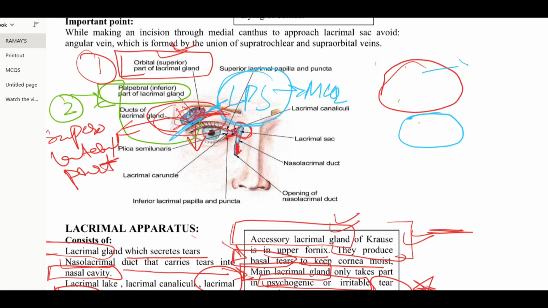This is the orbital part, and this one is the smaller palpebral part.